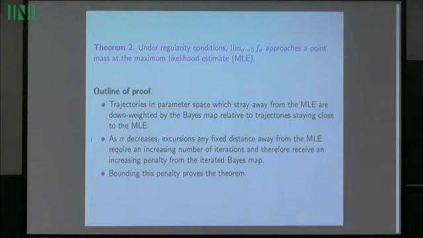And here's an outline of that proof. It's basically you need to check that it can't converge anywhere else. So anywhere else it wants to converge has a likelihood penalty, and then as you do repeated iterations, the likelihood penalties build up, and so it really has no choice but to head back to a neighborhood of the MLE.